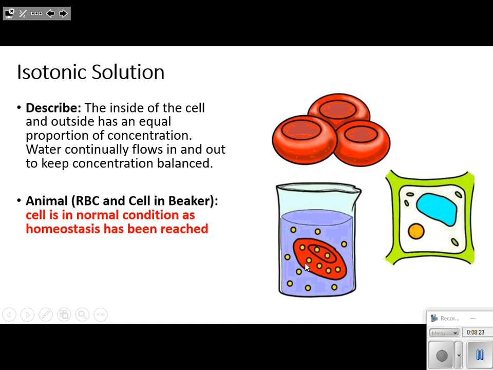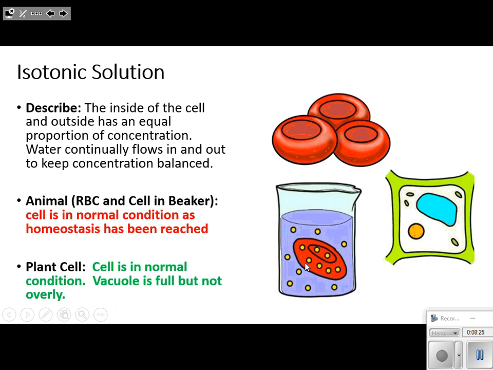The plant cell is also in a normal condition. The large central vacuole is full, but it's not overfilled. Do you see these cell walls? Are they bulging out?